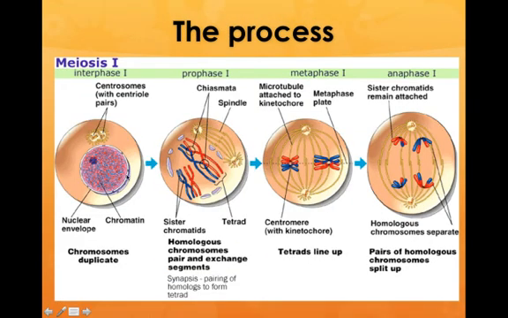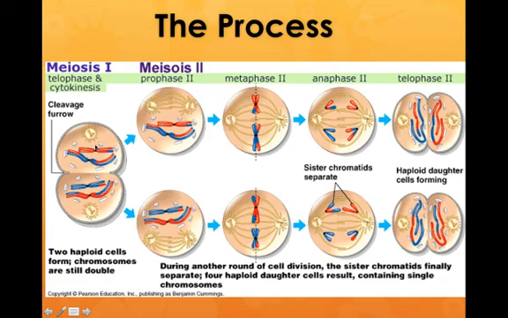So we start off here with one set of 23 pairs, and then we duplicate to become 46 pairs. Now these 46 pairs divide, and now each of these 2 cells has 23 pairs. Now when we go through another division again, instead of having 23 pairs, each of these new cells will have 23 total chromosomes.